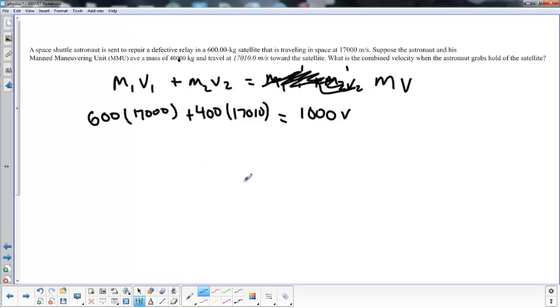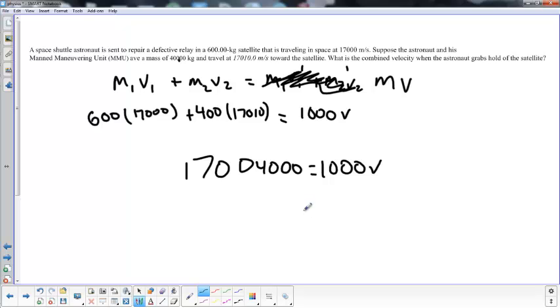So 600 times 17,000 plus 400 times 17,010 is going to give you a pretty big number, and we can figure that out. We are going to get a very, very large number, 1,700,400 equals 1,000 v, divided by 1,000.